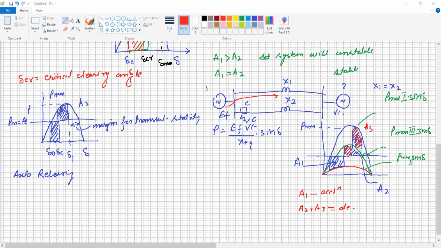Okay. Now, this is the case which we have considered. There are two parallel lines, having reactances X1 and X2. For simplicity, we take the values of X1 and X2 as equal. There are three curves. It is the pre-fault condition, and this is during fault.